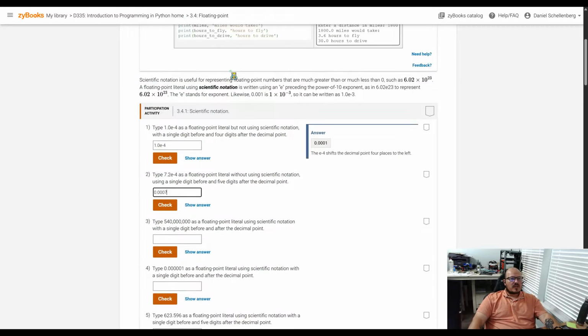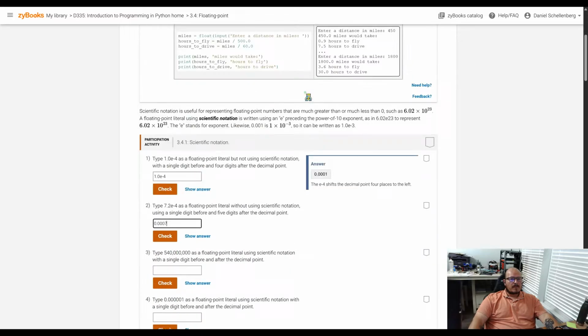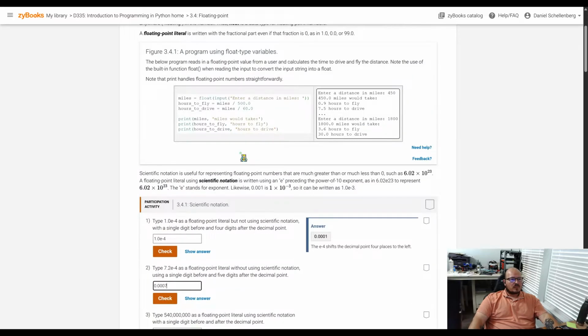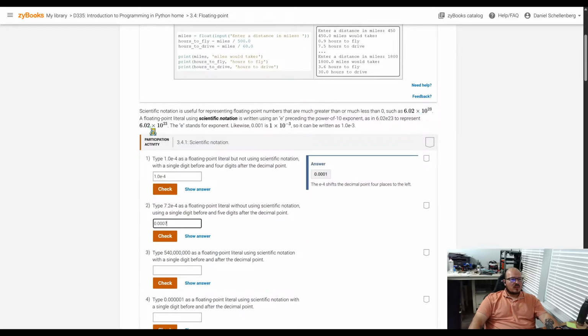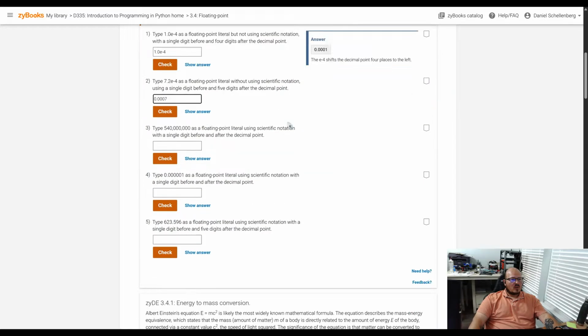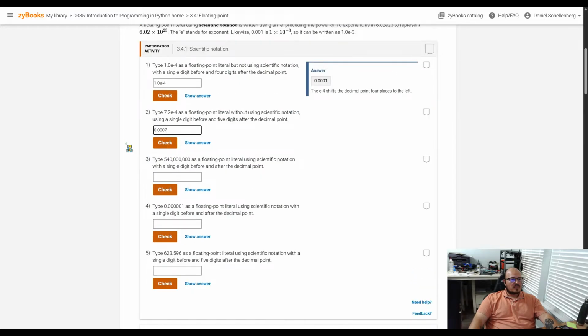So let's see if it has an example up here. It doesn't really show an example here. It shows this. I'm going to try this.